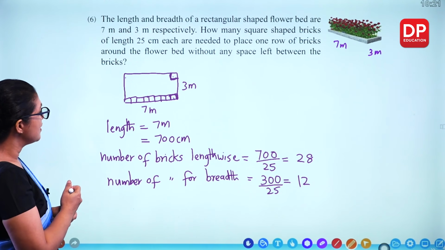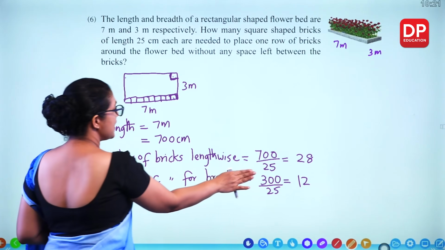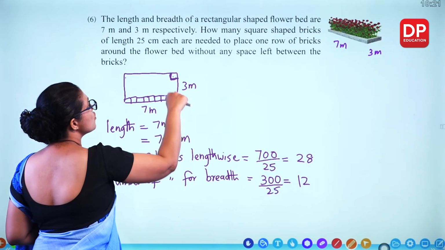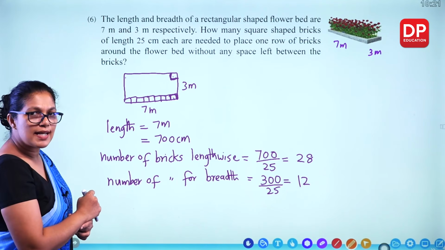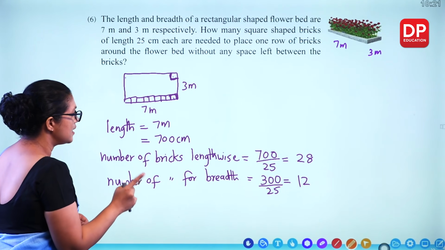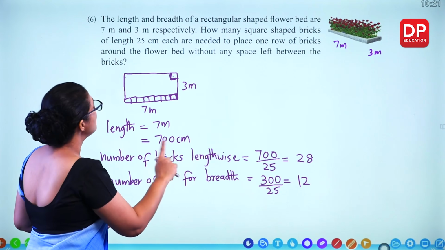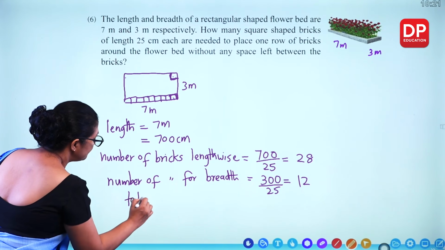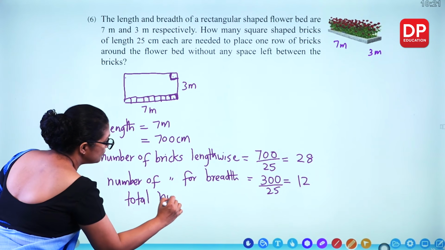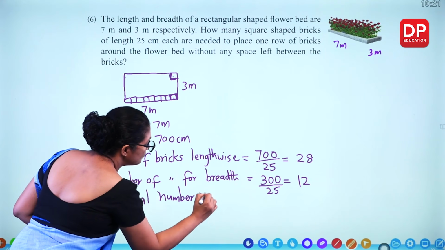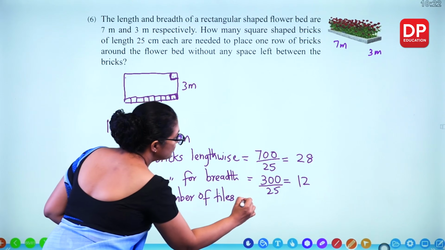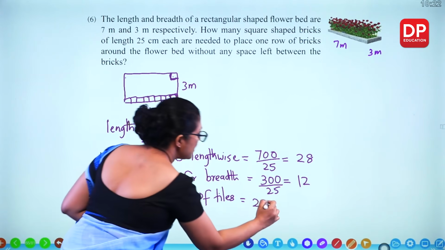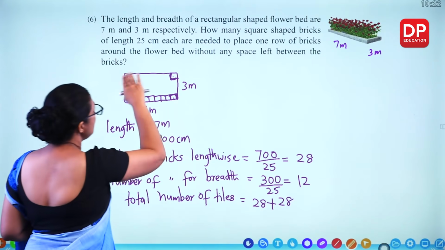So if we take out these two, how many tiles are there? You need 10 tiles. So we'll find out the total number of tiles needed. 28 this way and 28 this way as well.